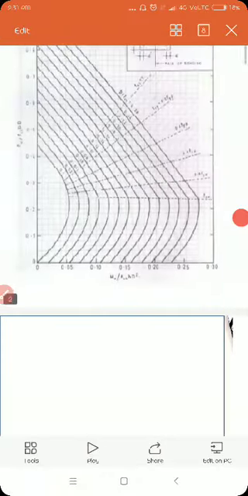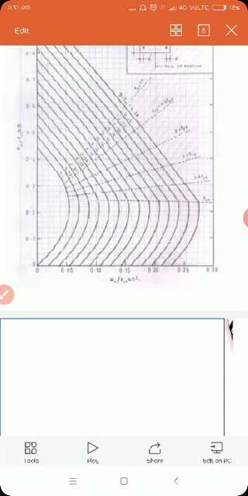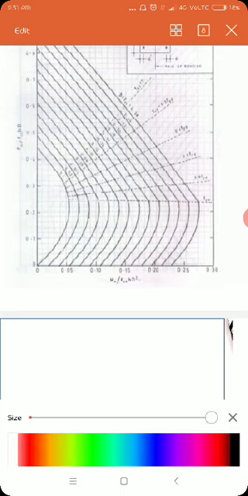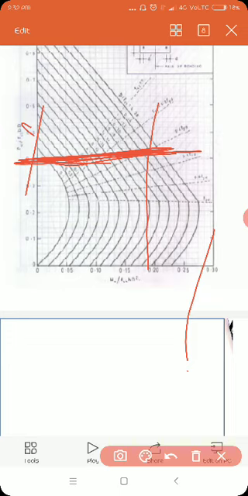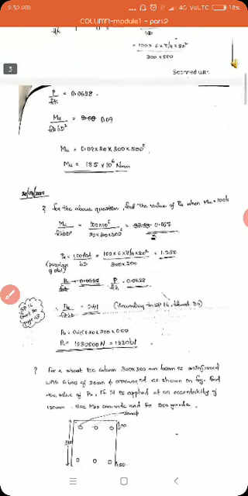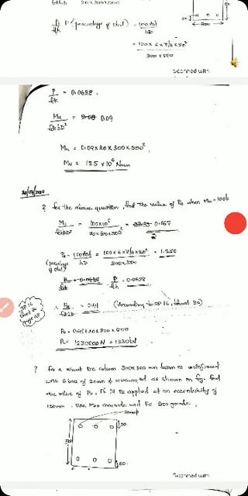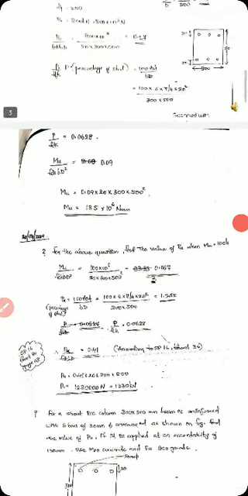By knowing the value on the x-axis, Mu by fck bD square, and p by fck, we can interpolate in the reverse direction, as in the previous problem. The meeting point we interpolate to the y-axis, and then we get the value of Pu by fck bD. By knowing the value of Pu by fck bD, we find the value of Pu by substituting the values of fck and bD.